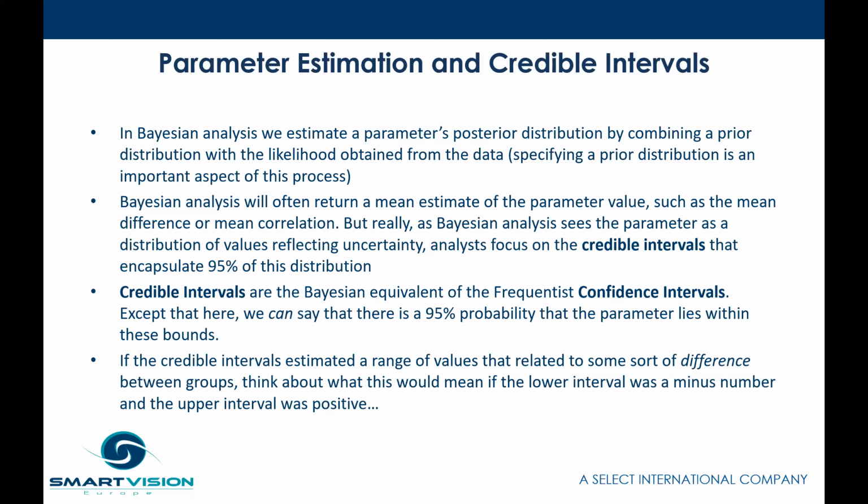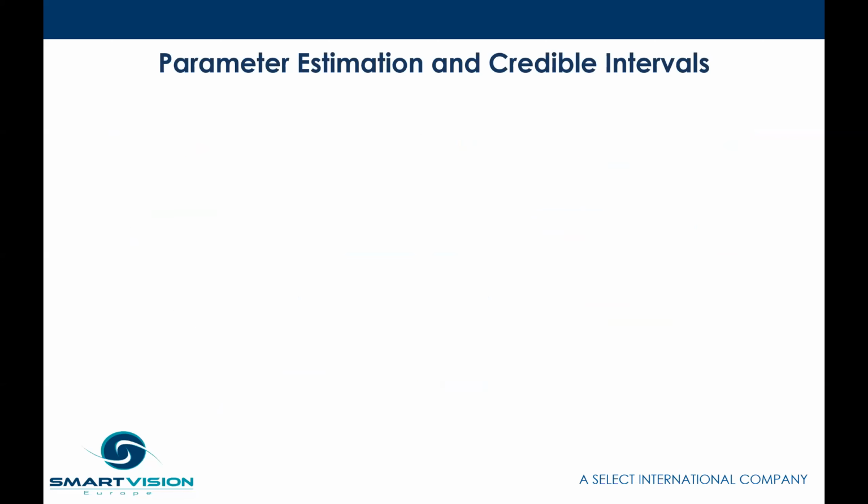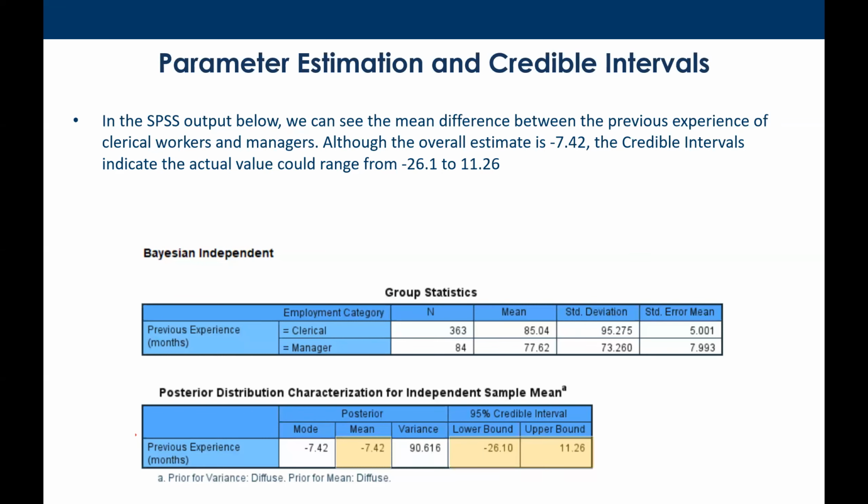So that means that if the credible intervals estimated a range of values that related to some sort of difference between groups, and we find that the range contained a negative number in one part of it and a positive number in the other part of it, well, that would mean obviously that the range contained a zero, which means that, of course, there probably isn't an effect because it could be anywhere from the negative number to the positive number.